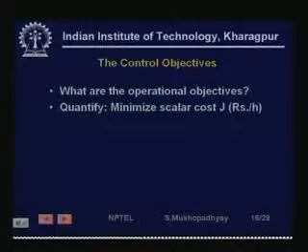So once you broadly understand the operational objectives, you need to quantify them. You need to actually set values which will minimize some scalar cost, right. Scalar means the single overall cost of operation, perhaps expressed as rupees per hour.